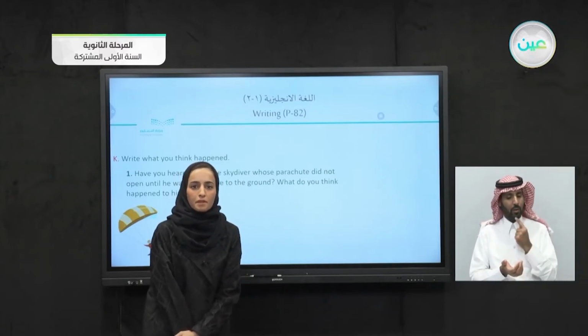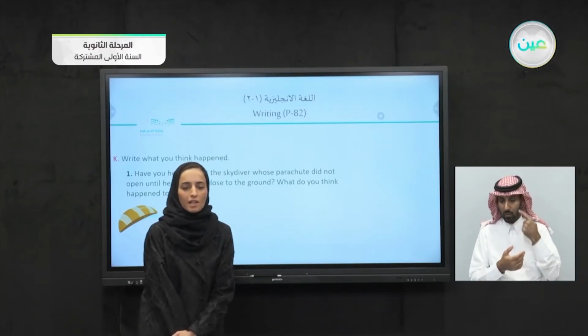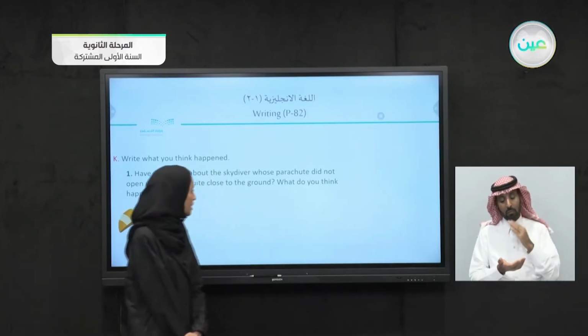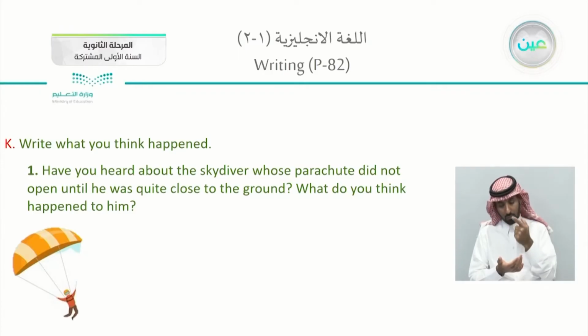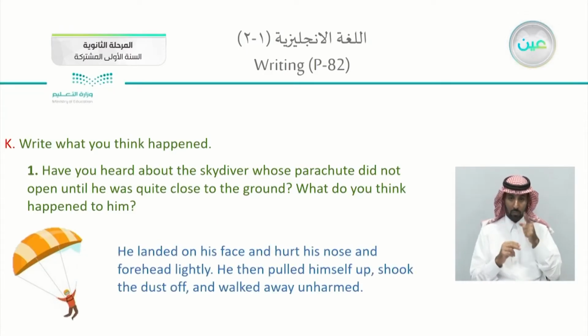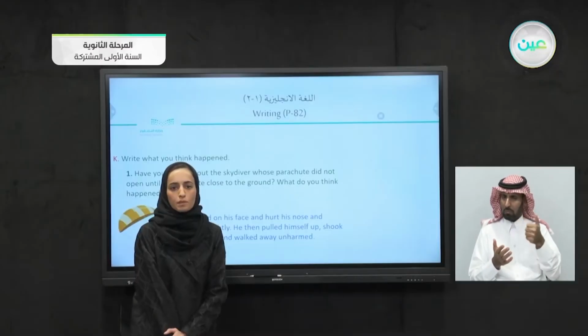What might happen? He might fall down and pass away. However, for me, I found the story like he landed on his face and hurt his nose and forehead lightly. He then pulled himself up, shook the dust off, and walked away unharmed. You can come up with any ending that you feel is suitable.